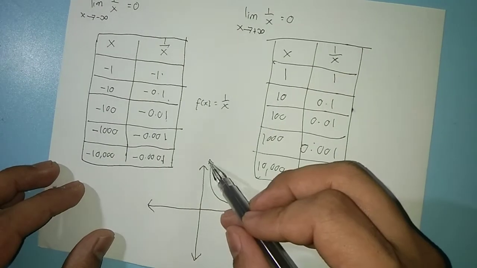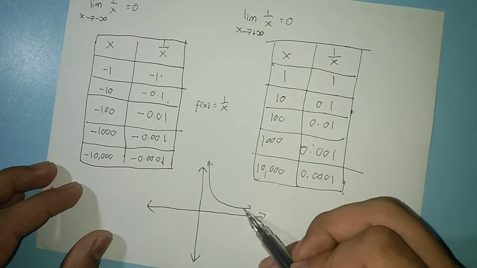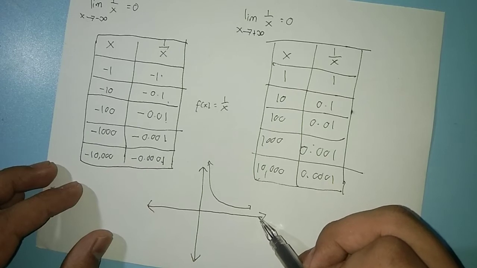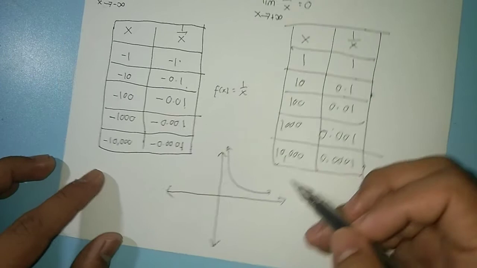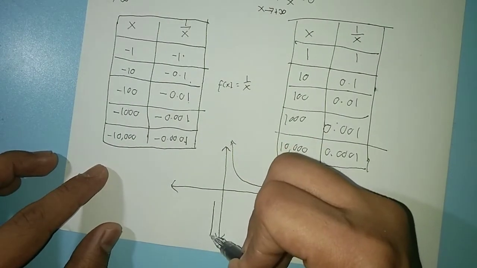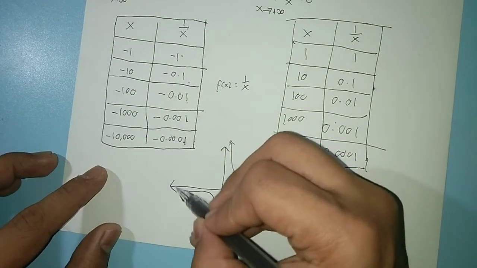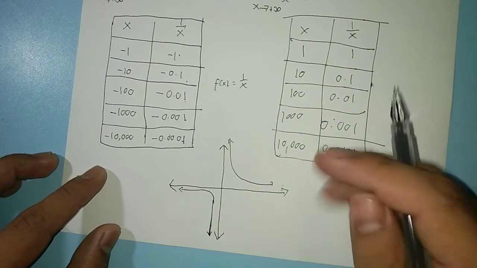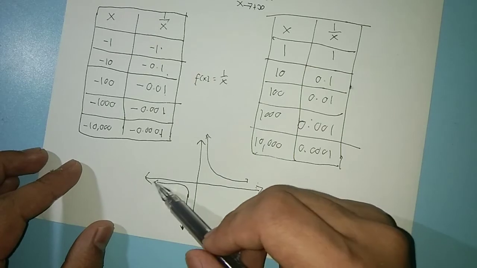Mula dito, pag i-approach natin sa positive infinity, bumababa siya. Tapos yung value ng f of x, dumidikit dito, lumalapit dito sa x-axis. Same dito, mula dito nag-a-approach din siya dito sa x-axis. So ganyan yung itsura ng graph niya. By the way, symmetric dapat yan. Yung values ng 1 over x nag-a-approach dito sa x-axis.